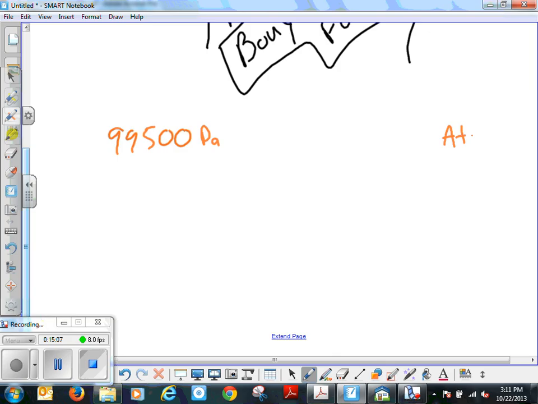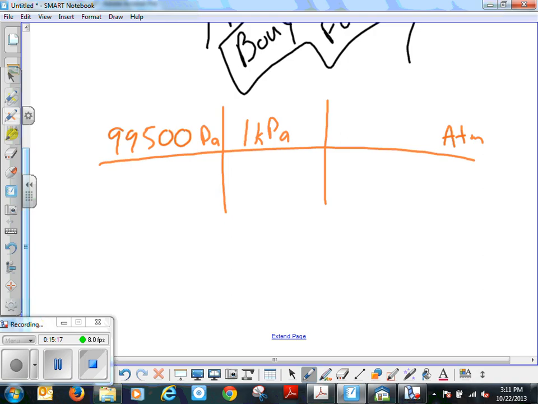If you remember how to do this, you're going to show your diagram. Okay, so 1 kilopascal is how many pascals? 1,000, right? Because you memorized that, right? And we can see that we cancel out our pascals here. So now we need to have kilopascals on the bottom.